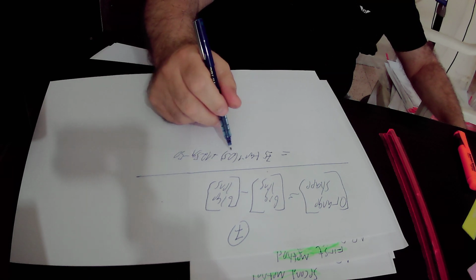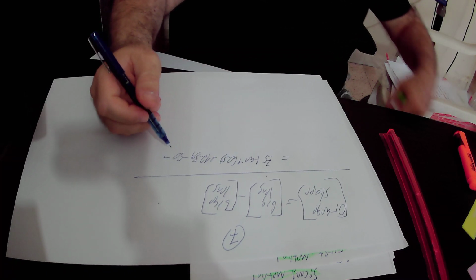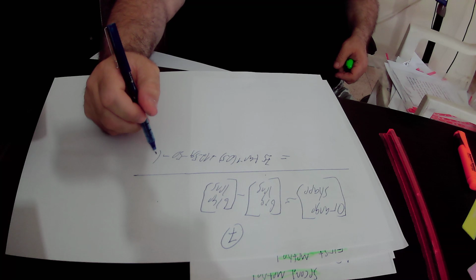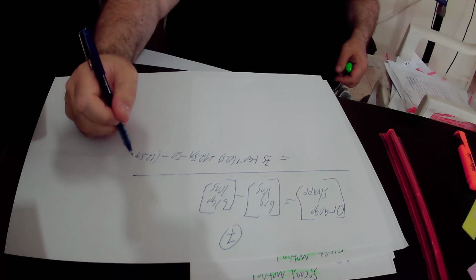So this is the area of the big lens minus the area of the blue lens. And we already found out that the area of the blue lens equals 12.5 pi minus 25.